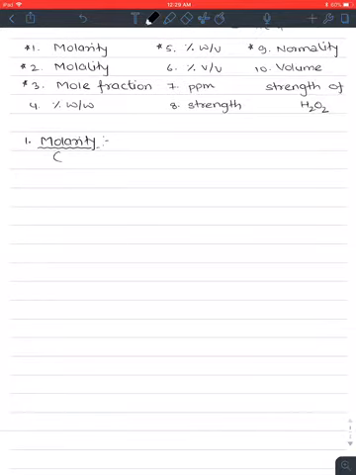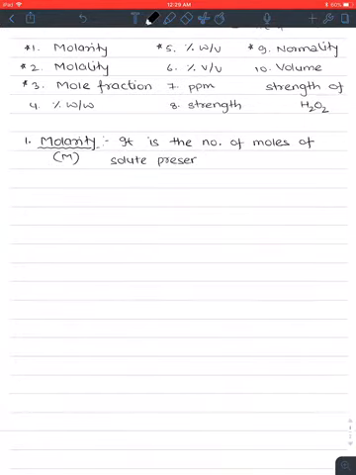It is represented by capital M. The point you have to keep in mind is that the volume we are taking is 1 liter, and this volume is of solution.